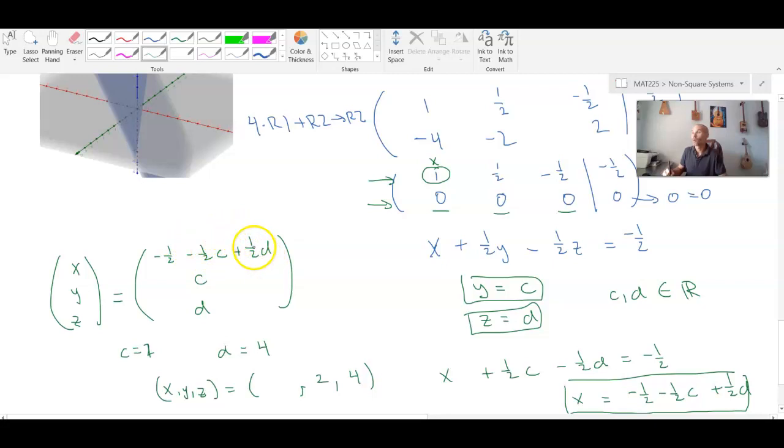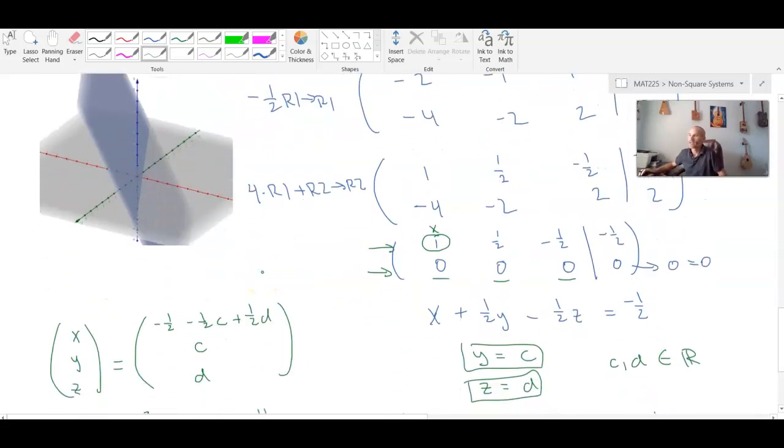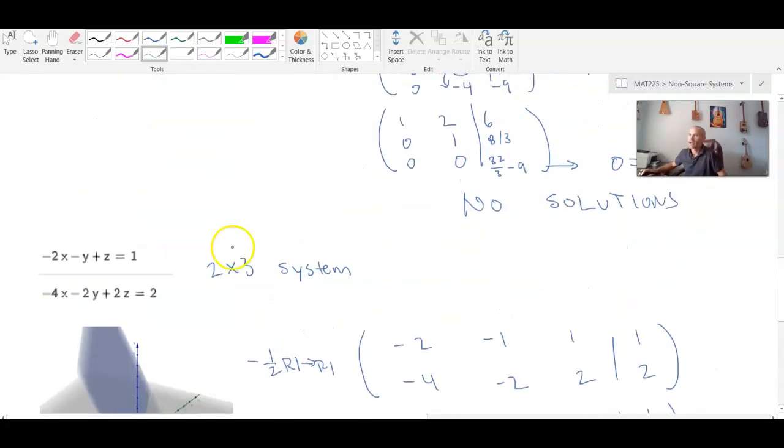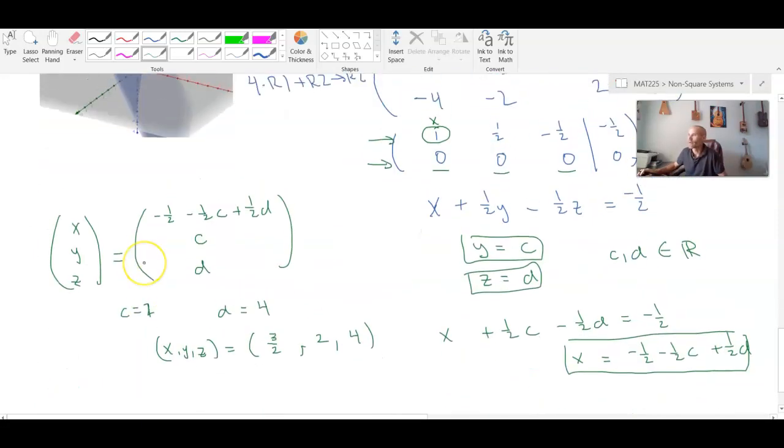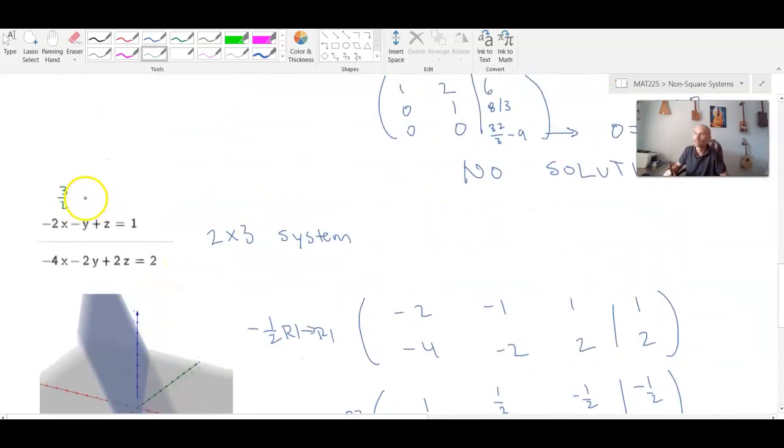Negative 1/2 minus 1 plus 2 is going to be negative 1/2 plus 2, which is 1.5 or 3/2. So let's just go ahead and check this in one of the equations. If I take negative 2 times 3/2, and what do we get there? We got 2 and 4 for y and z.